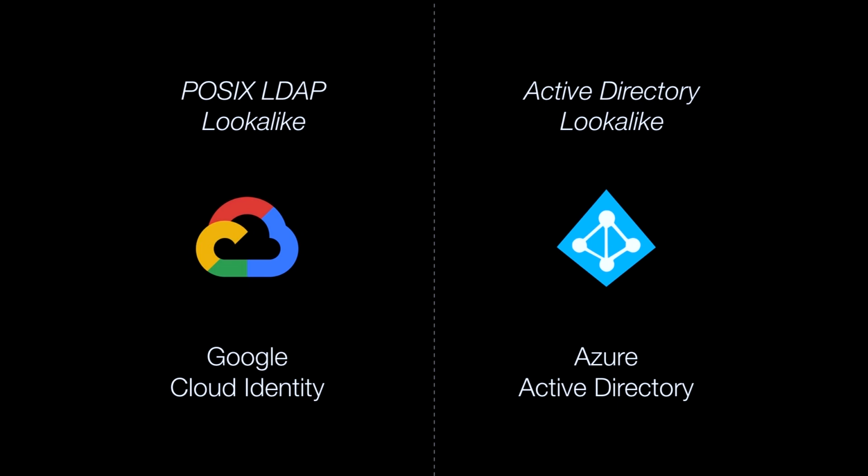The Google one, called Google Cloud Identity, relies on an LDAP schema that looks like the POSIX one, while the Azure Active Directory one is an Active Directory lookalike. They are not exactly POSIX and Active Directory. There is a difference. You may not be able to do everything you are already doing with those kinds of LDAP schema, but somehow it's really close.